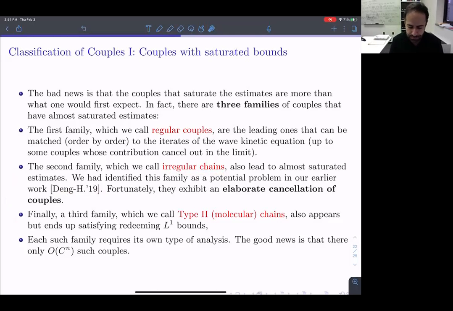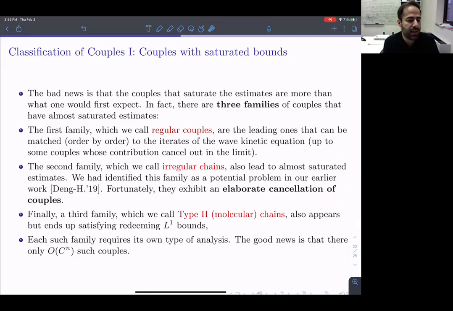But the nice thing about them is that they exhibit an elaborate cancellation. So there's an elaborate cancellation of couples that allows us to basically absorb those irregular chains. Then there's a third family that I don't have time to discuss, but it also has a redeeming feature that allows us to absorb it.